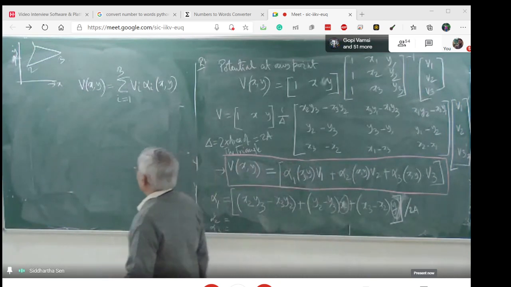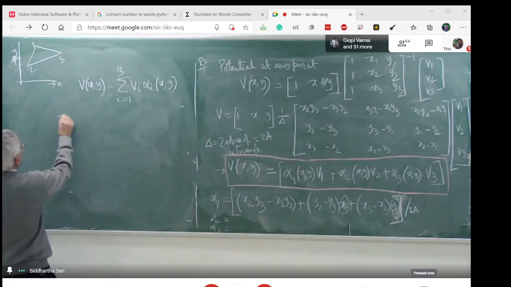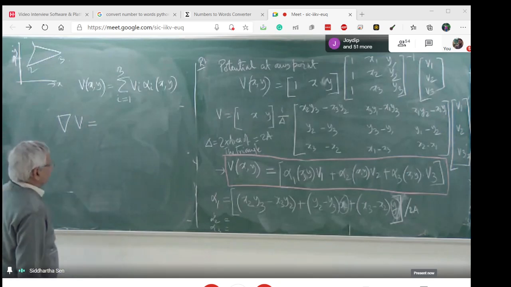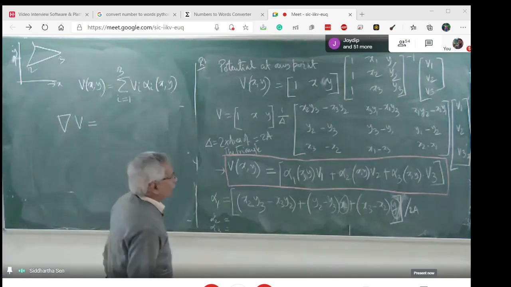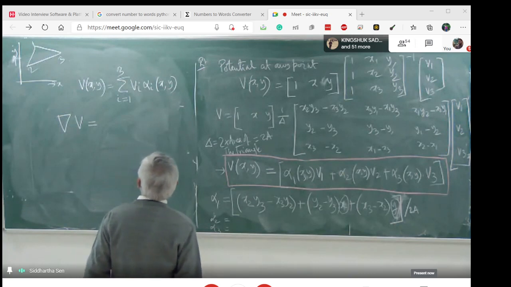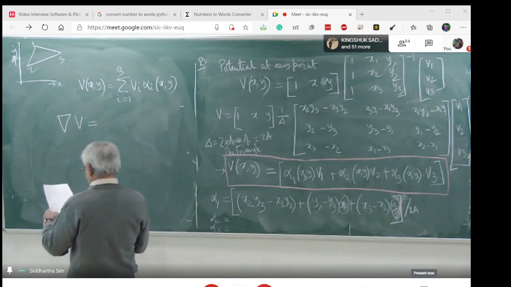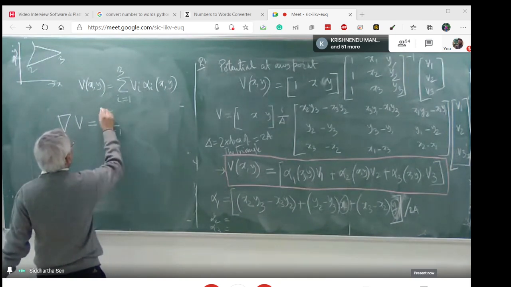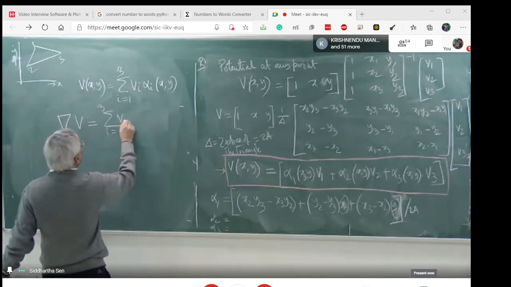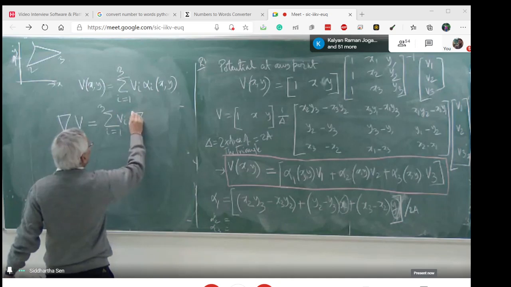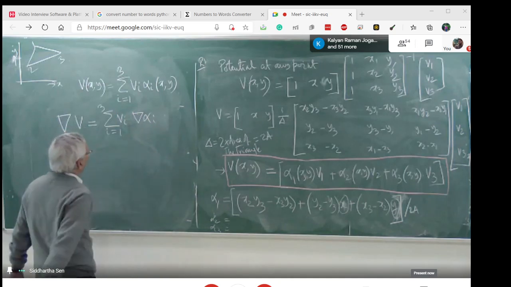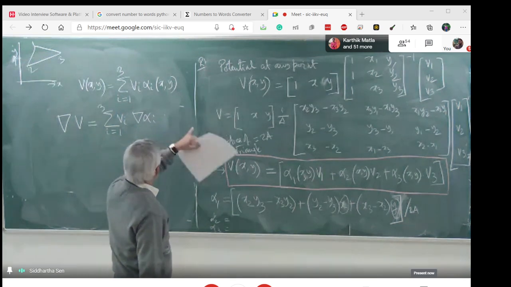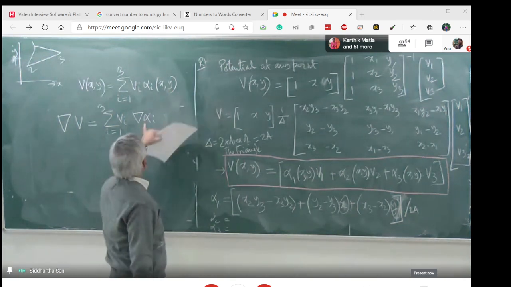So what is nabla V? That is the derivative of potential, or the electric field. I can say it is equal to the sum over i equal to 1 to 3 of Vi nabla alpha i, because Vi is constant, 1, 2, 3 are all known, but x and y are varying.